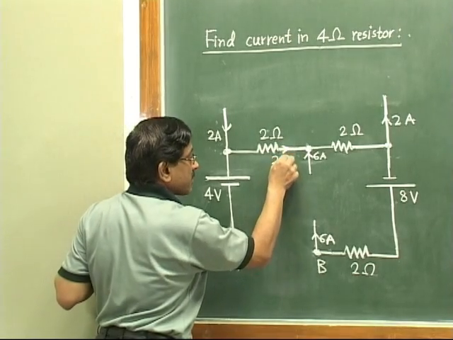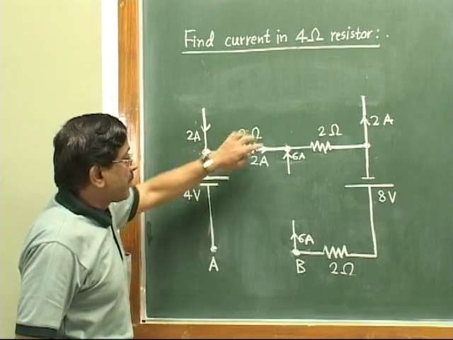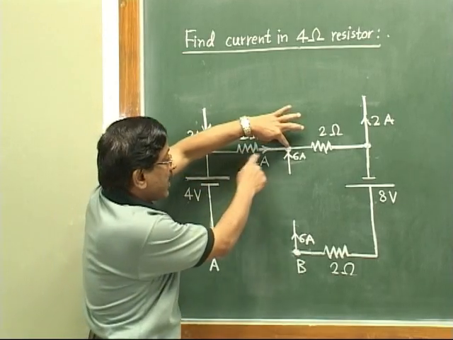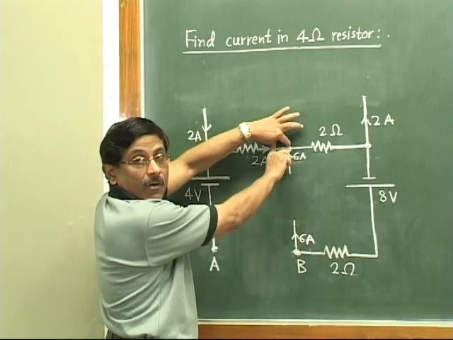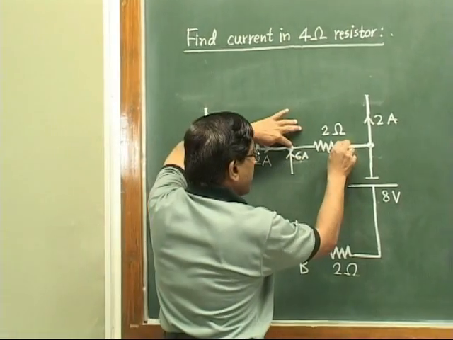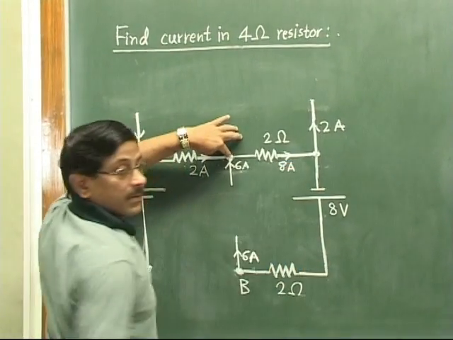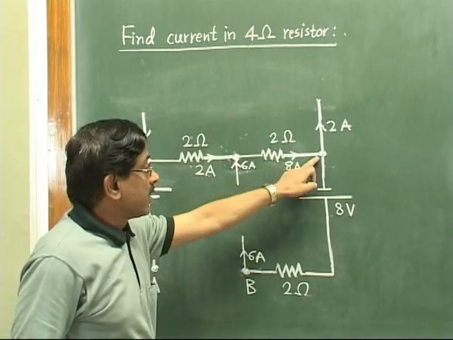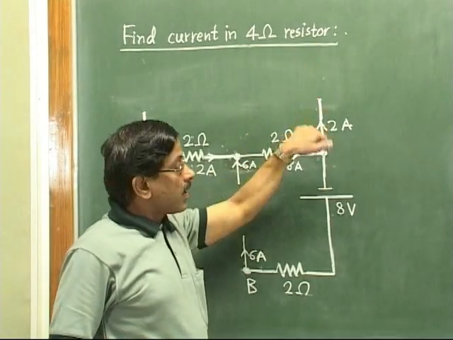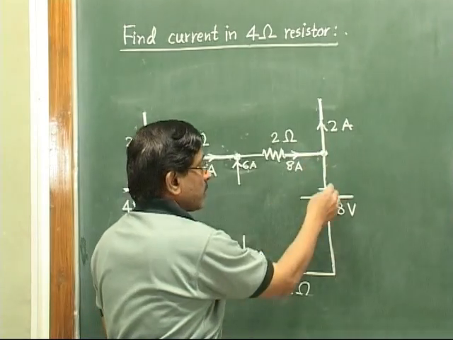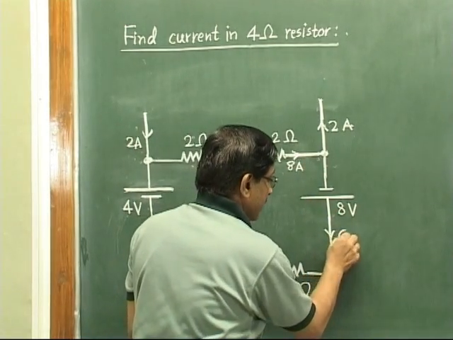So 2 ampere goes. Now this 2 ampere reaches here. Now 2 ampere from this side and 6 ampere from down: 6 plus 2 is 8 ampere here. Now 8 ampere reaches here. Out of that, 2 ampere goes up out of the circuit. So 8 minus 2 is 6 ampere will come down like this.